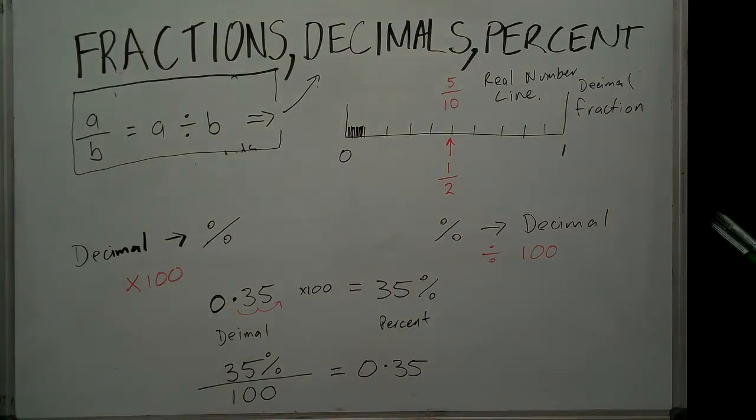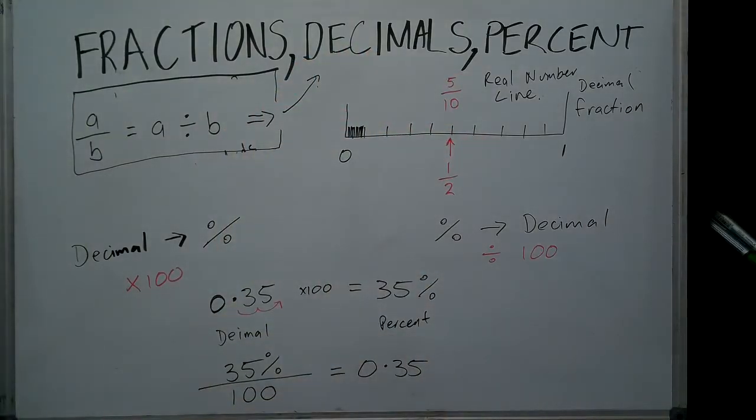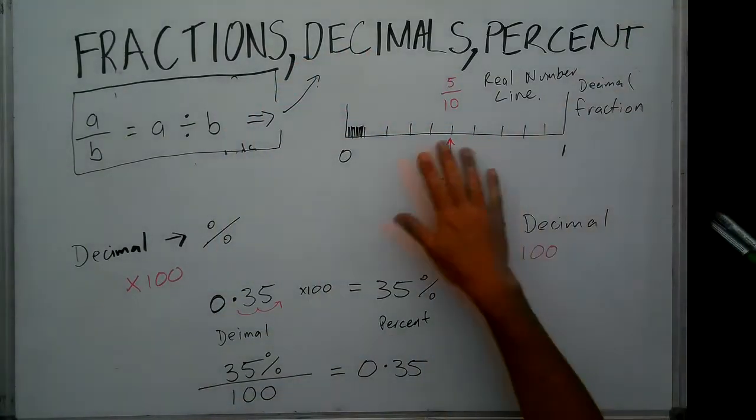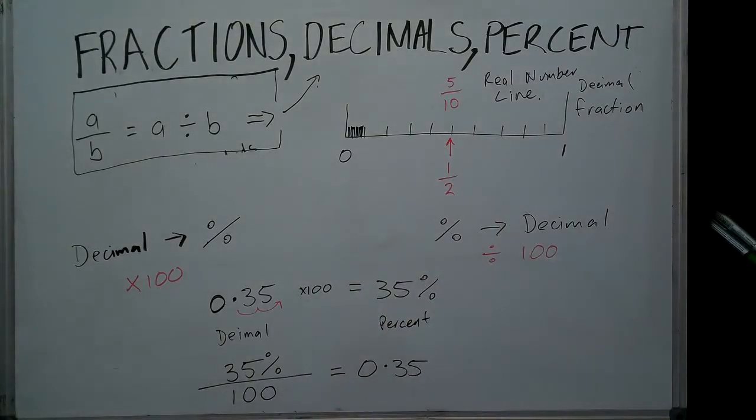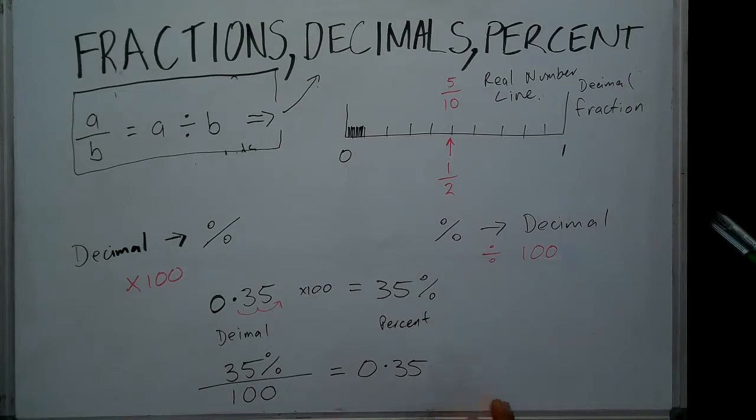So when we're doing calculations with fractions, decimals, and percents, really we need to use the fraction or the decimal version. The percent doesn't really belong in the number line. It's just a way for us to talk about these smaller numbers using whole numbers in our language.